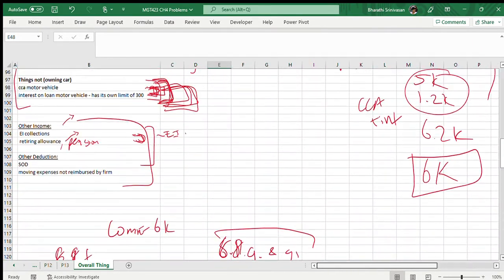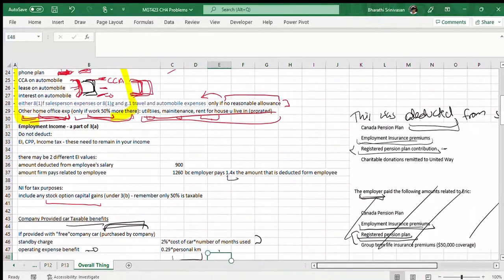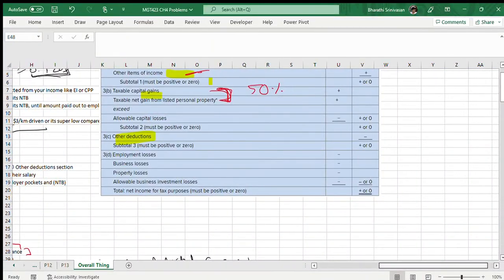Another thing is other deductions. Remember, other deductions is different from the deductions under the employment income. This one goes in a different section. It has the stock option deduction and moving expenses not reimbursed by the firm. So let's say you have to move and the total cost is like 60K, and your firm gives you 40K as a reimbursement.